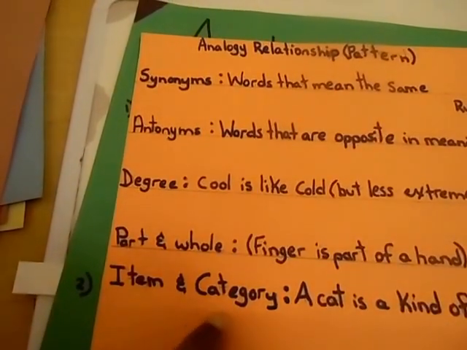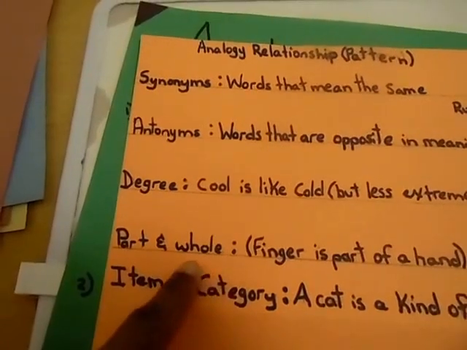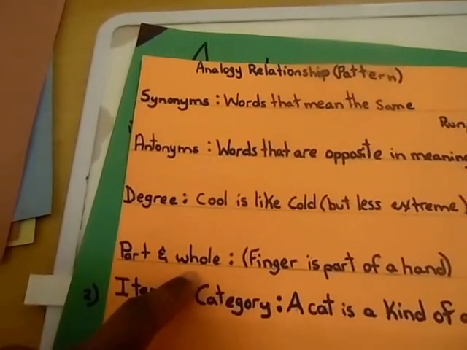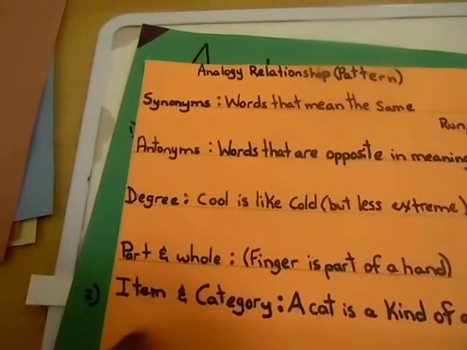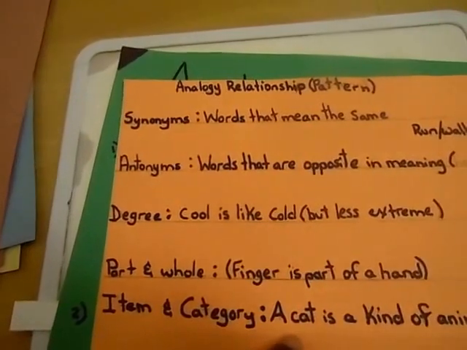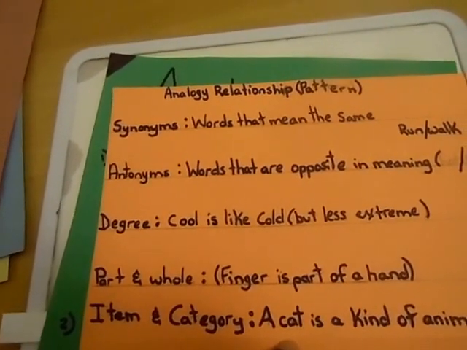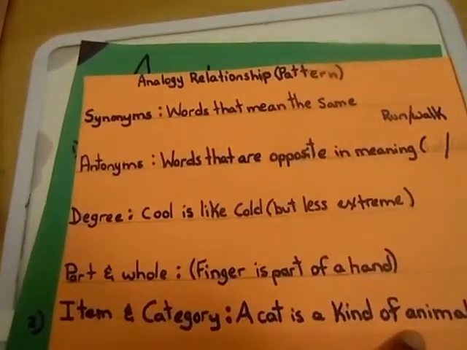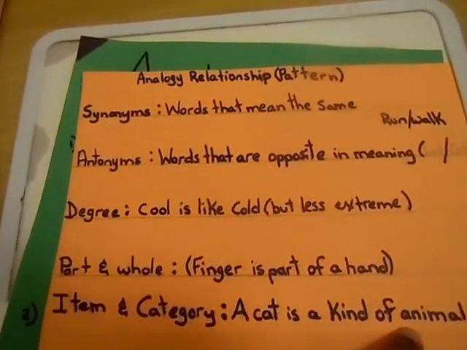Part and whole. For example, finger is part of your hand. Item and category. Okay, cat being the item, animal being the category.